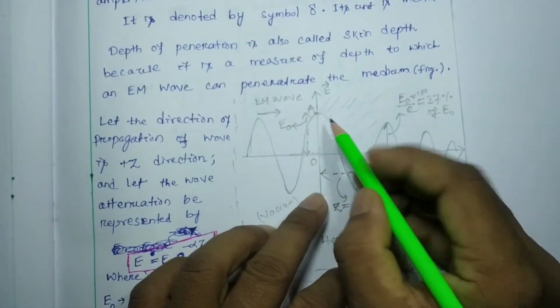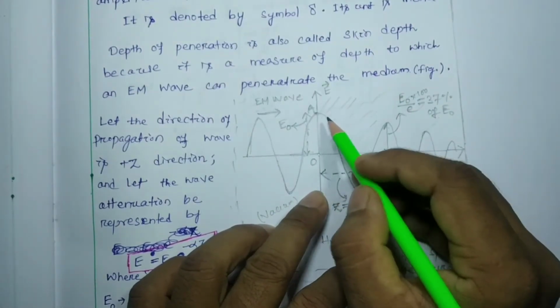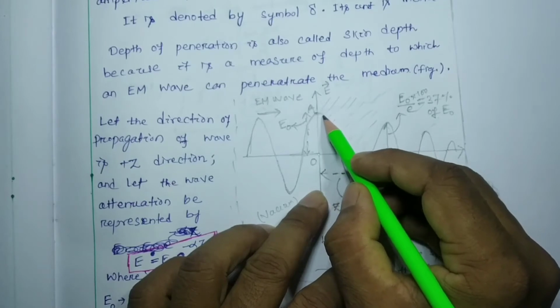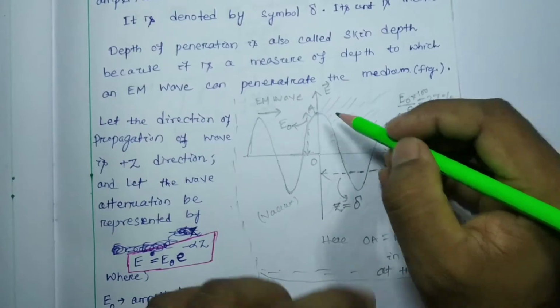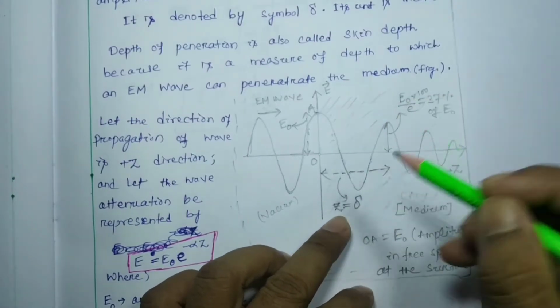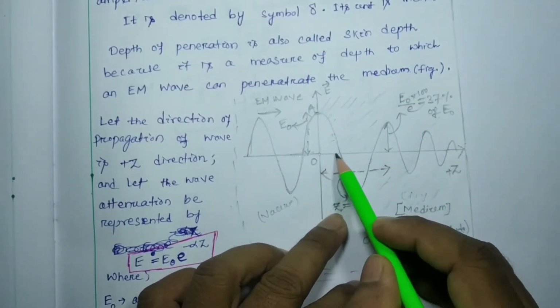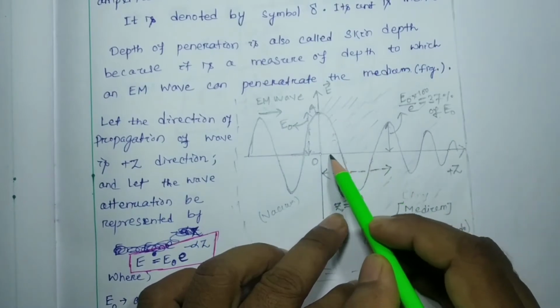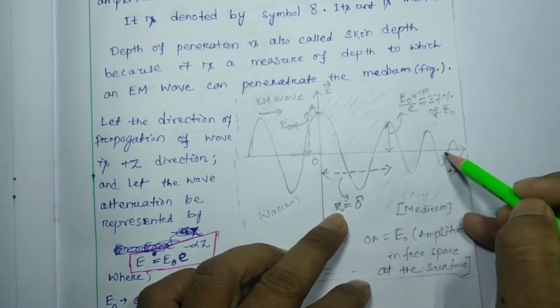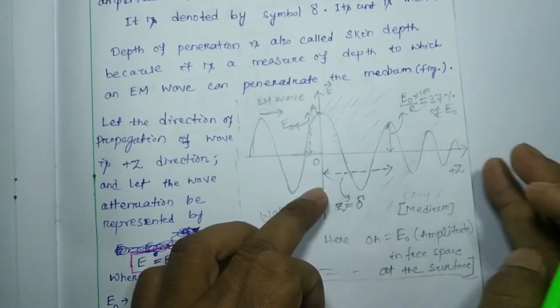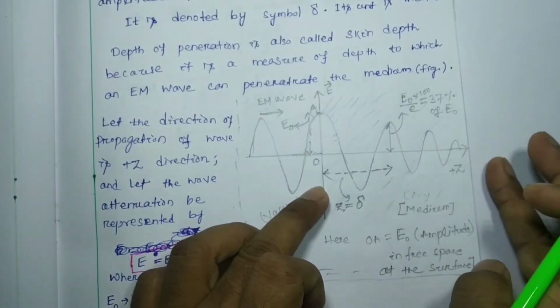But when it starts to penetrate, its amplitude starts to attenuate, meaning it starts to decrease. As it moves inside the medium, its amplitude gradually decreases, and at a particular length it will be reduced to 0.